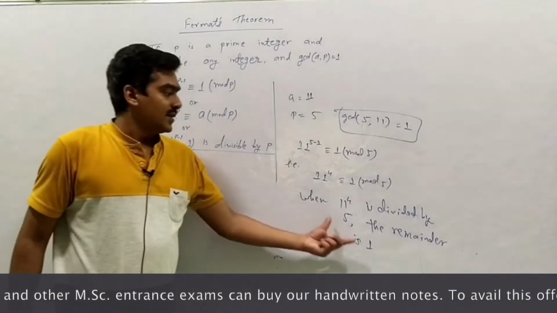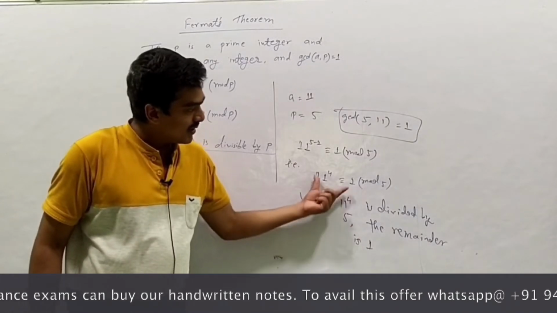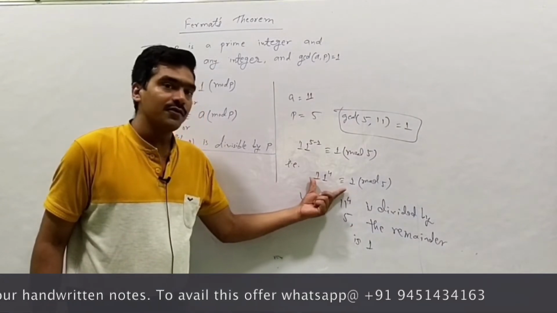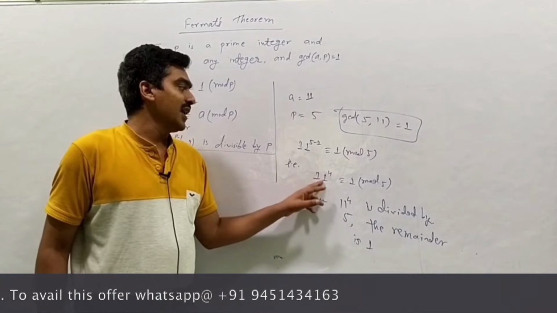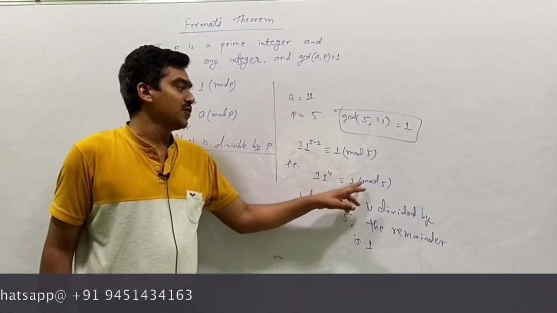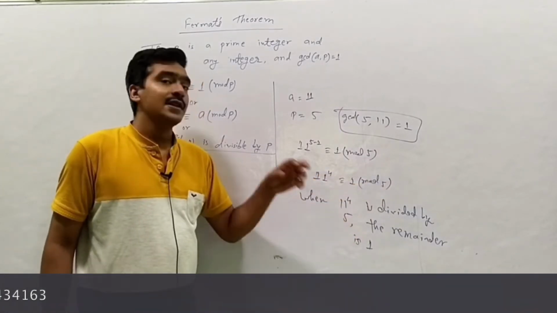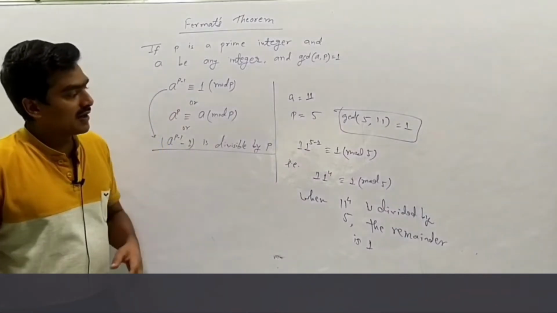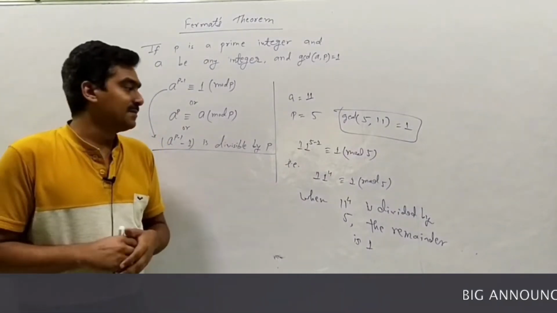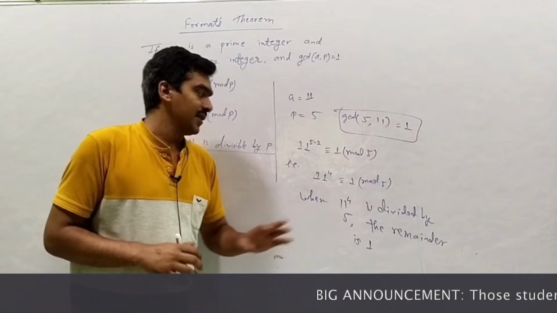This is the implication of this part. When 11 raised to the power 4 is congruent to 1 modulo 5, that is, if we divide 11 raised to the power 4 by 5, we get remainder 1.